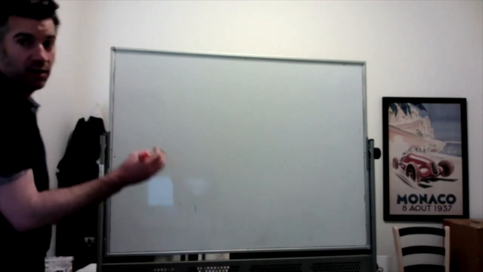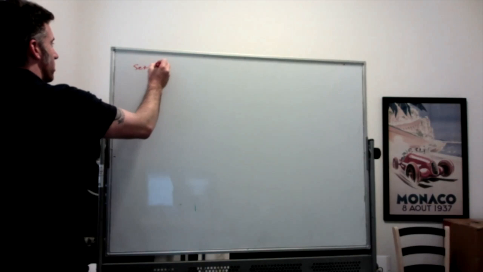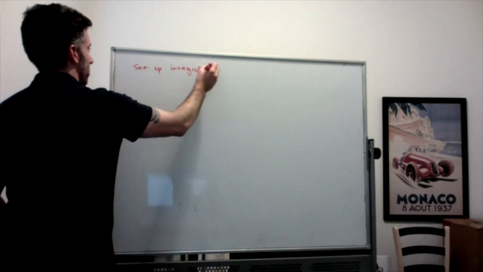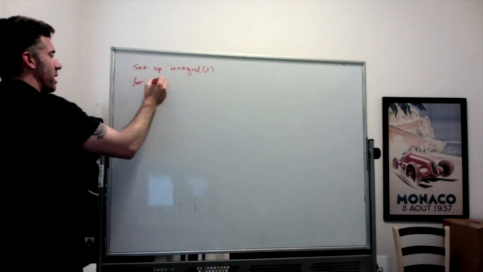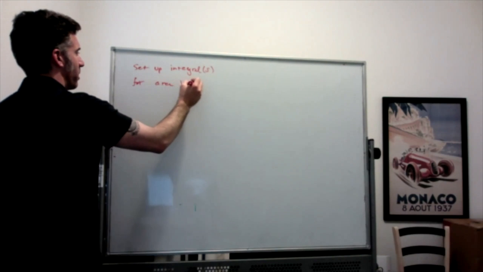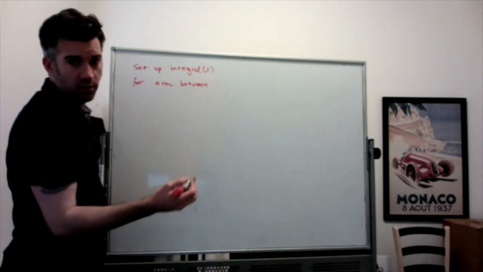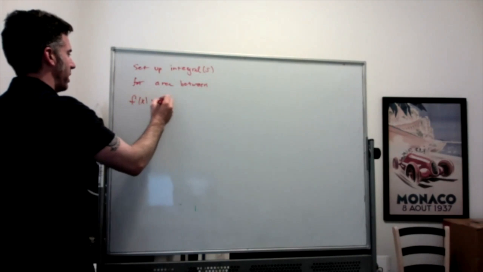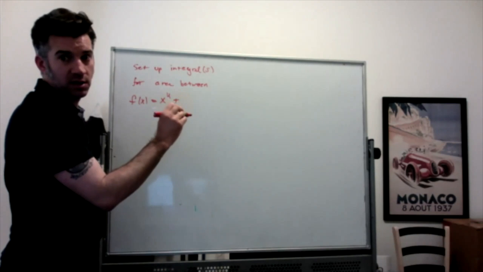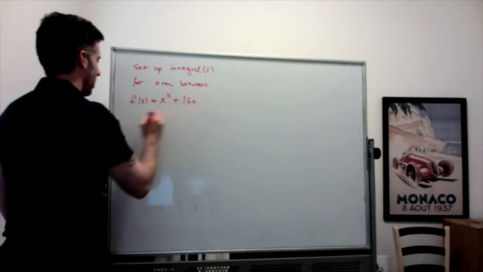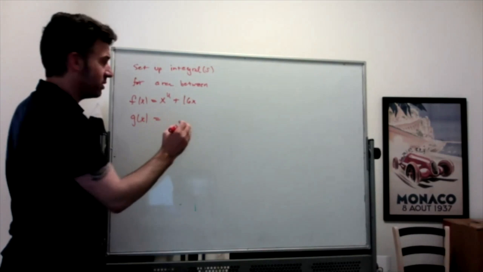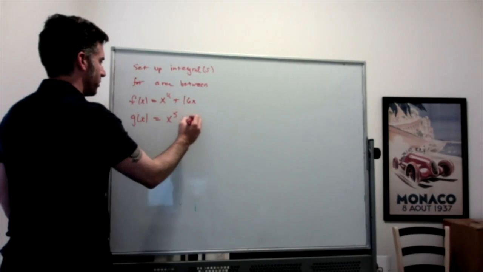So I want to set up the integral, or integrals, plural, for the area between these two curves. f of x equals x to the 4th plus 16x, and g of x equals x to the 5th plus x to the 4th.